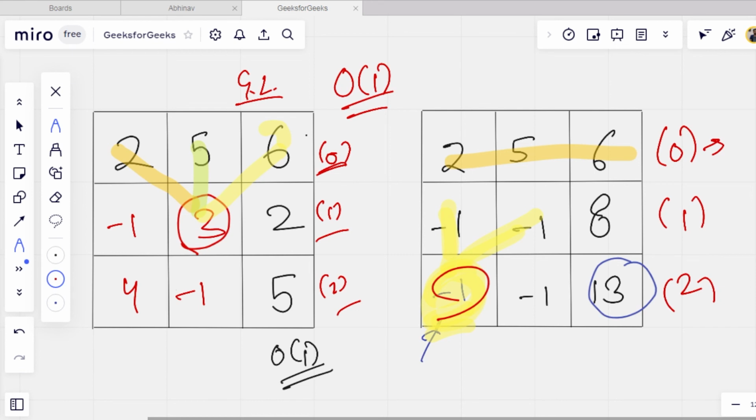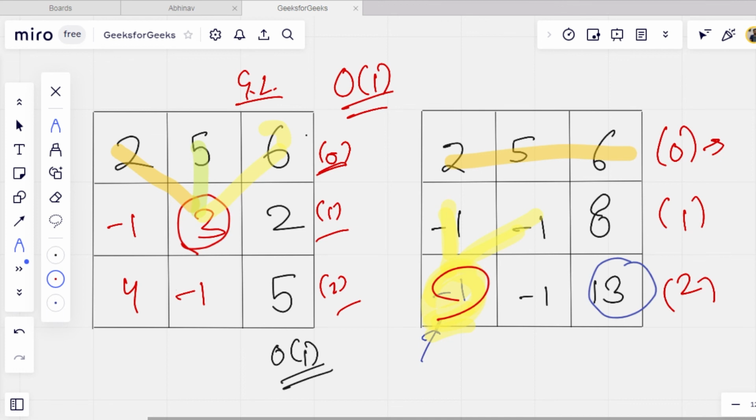Then we count and update the matrix, and then we find the maximum of that whole matrix. That is what we have to do.